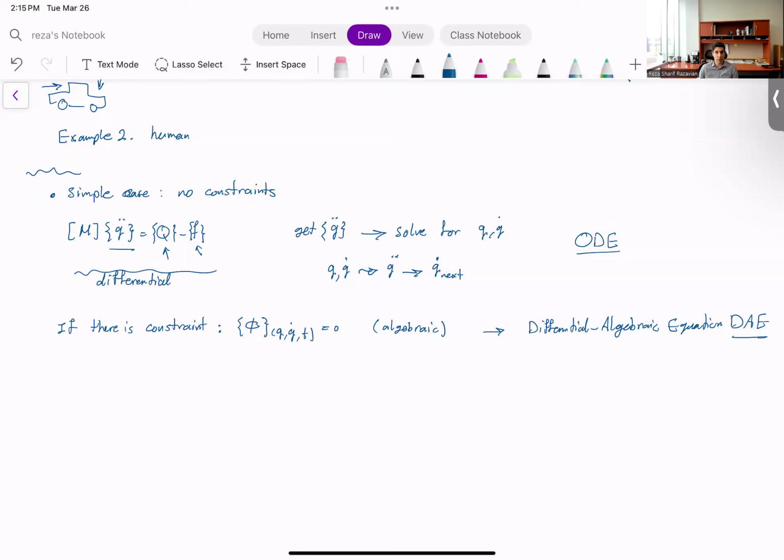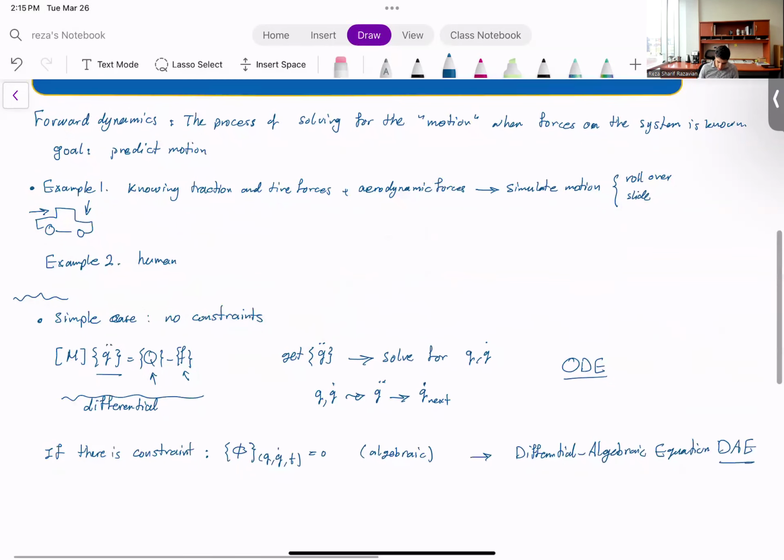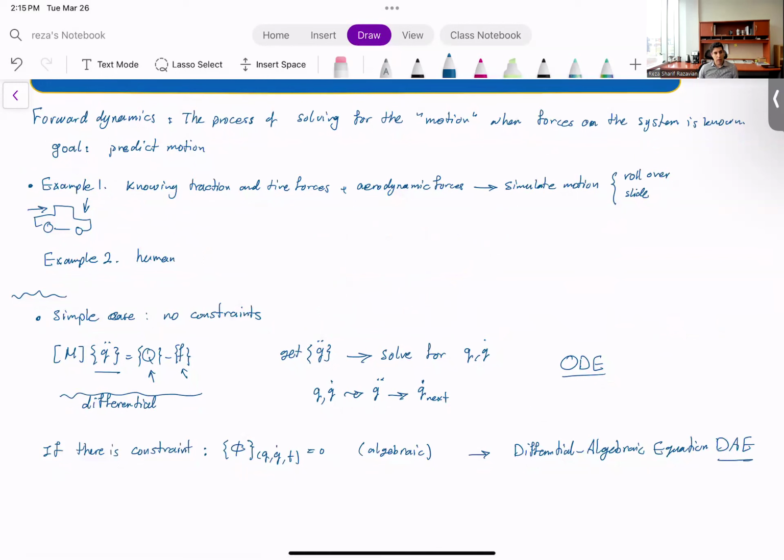So whenever possible, we like to write our equations in the minimal set of coordinates to avoid these algebraic constraints that we will have if we don't do that. So okay, that is a very rough introduction to what forward dynamics is. And that concludes this module.